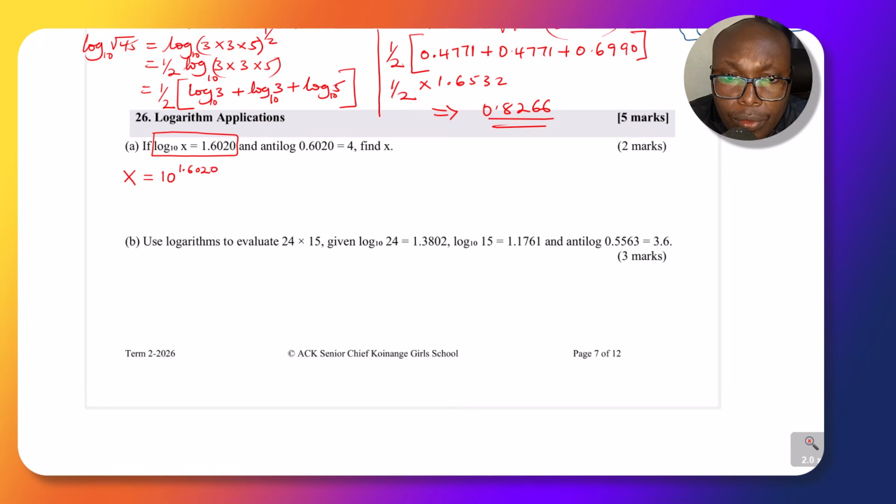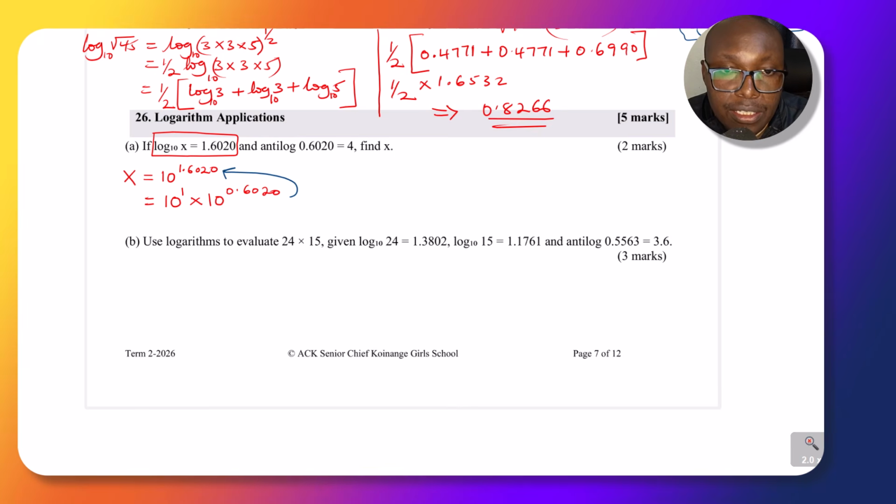Now, with that, you'll notice something here. 10 to power 1.6020, you can split these and you'll get 10 to power 1 times 10 to power 0.6020, which is the same thing.